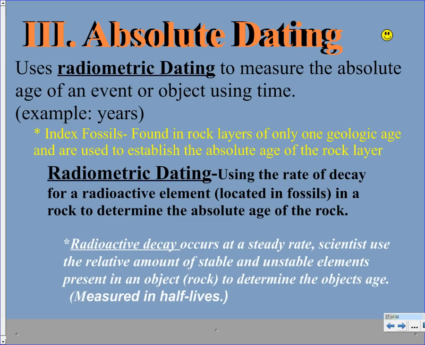Okay, we're going to do some examples. So radioactive decay occurs at a steady rate. Scientists use the relative amount of stable and unstable elements. So what I want you to write is, don't write this exactly. I'm going to tell you exactly what to write. Radioactive decay occurs at a steady rate. Do write that part.